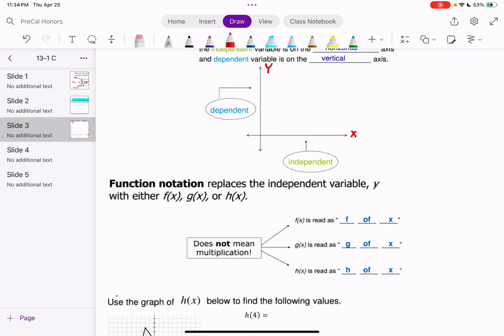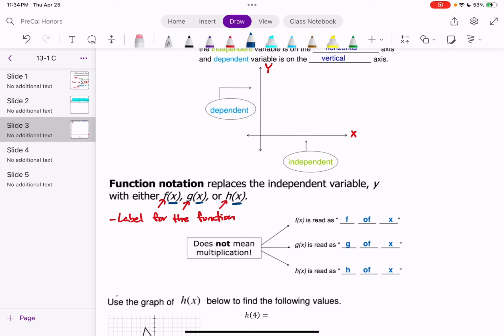What this is talking about, this f, g, or h would be a label for the function, while the x is describing your x variable.